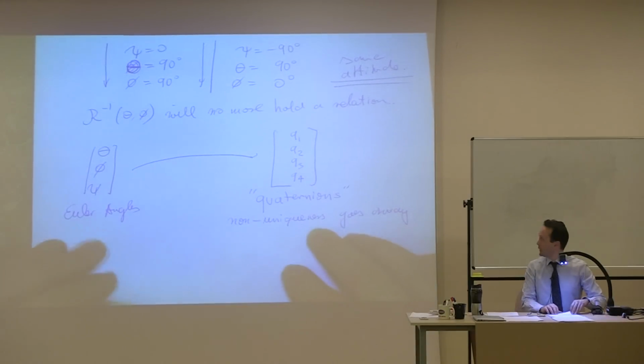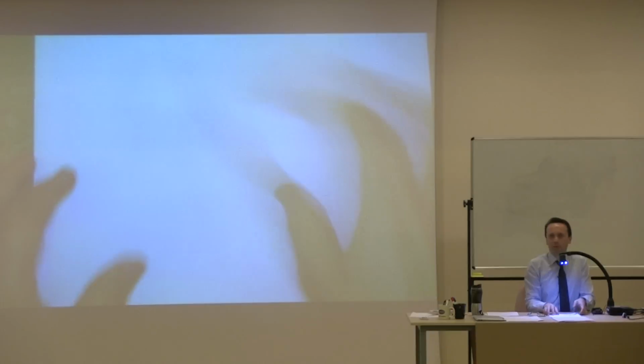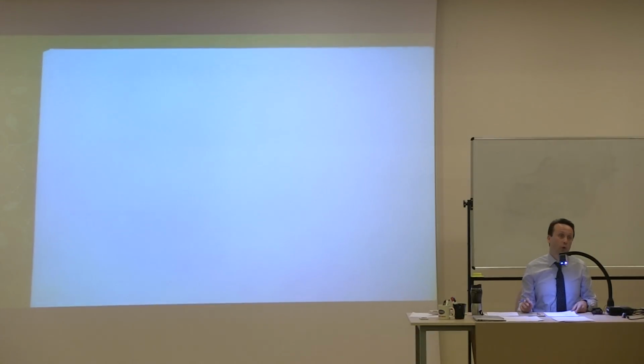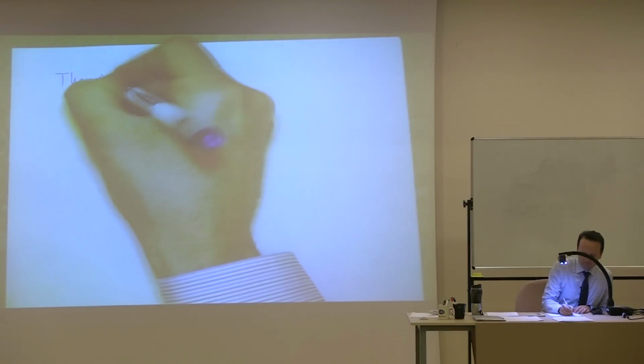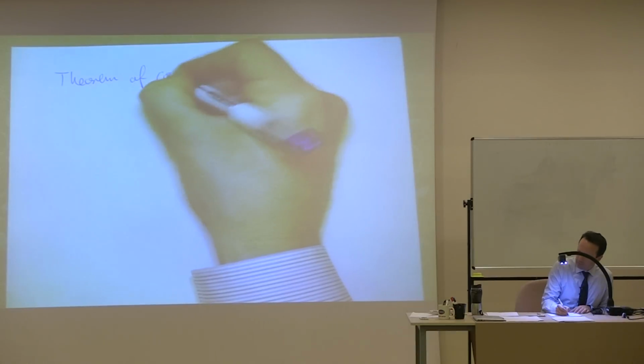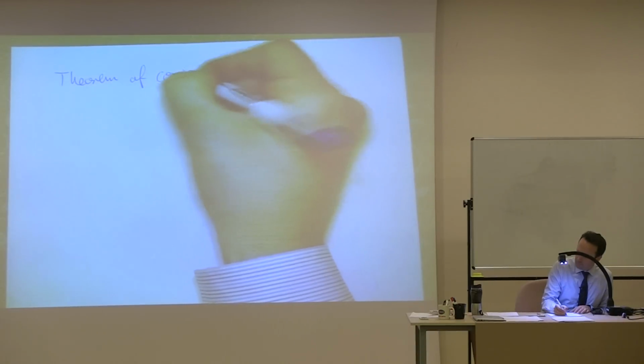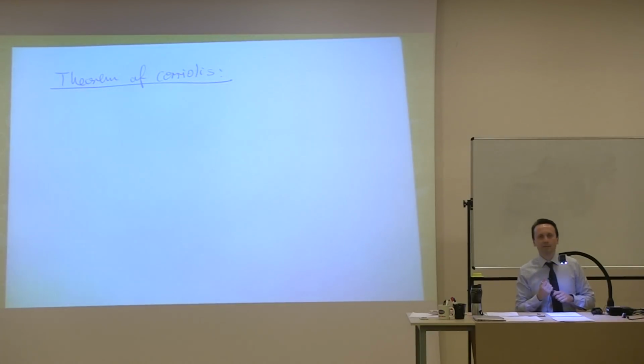All right, so that was the fun part. We have one more important topic before we go into finally the equations of motion, which is F equals ma, right? We are not there yet. There's one more topic we need to clear, and that is the theorem of Coriolis. You know Coriolis, right?